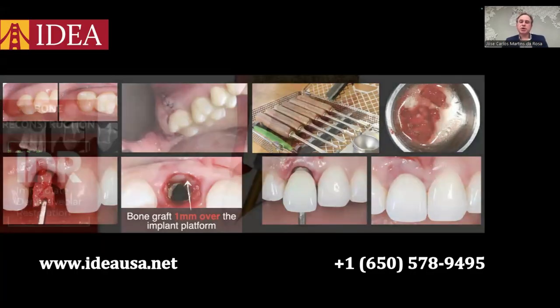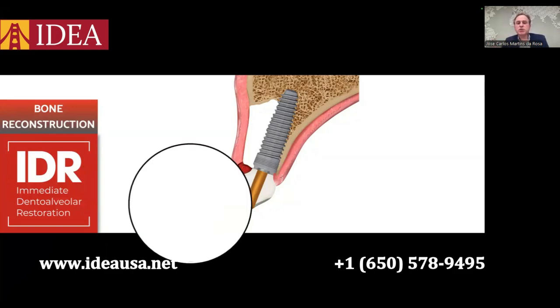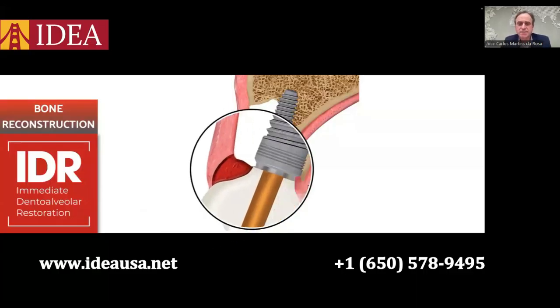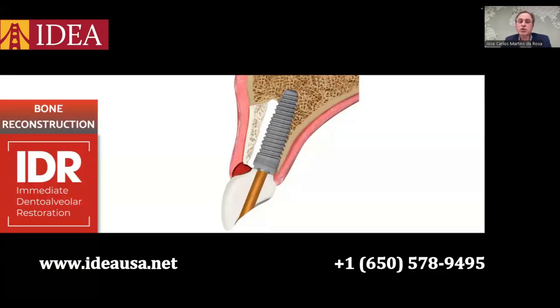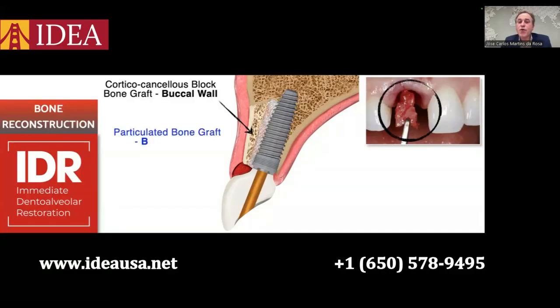So look at this illustration and realize what we did at this point. We have already inserted the implant in the correct three-dimensional position. We manufactured our provisional restoration with an ideal emergence profile, screw retained, and we did the bone reconstruction using a corticocancellous block bone graft to restore the wall that the patient had lost, plus particulate bone used as a bone filler.